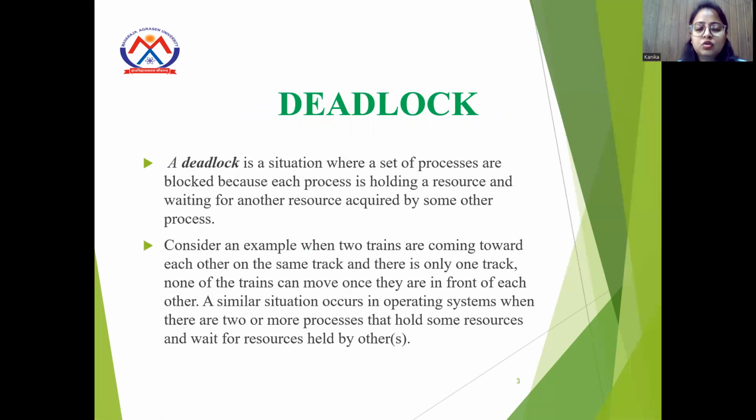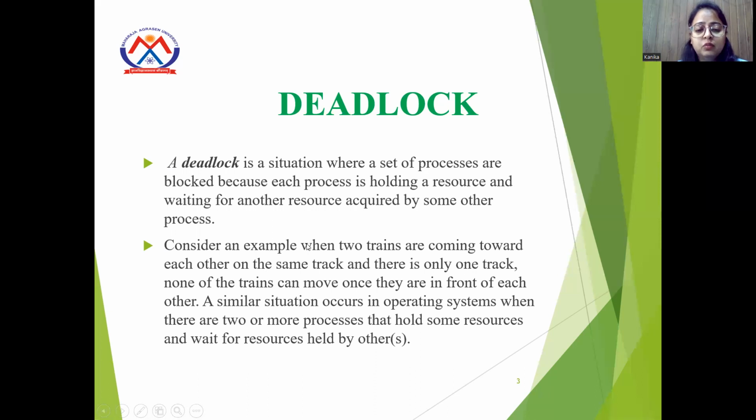A deadlock is a situation where a set of processes are blocked because each process is holding a resource and waiting for another resource acquired by some other process. In this, a deadlock situation may arise. Let us consider an example: two trains are coming toward each other on the same track and there is only one track.